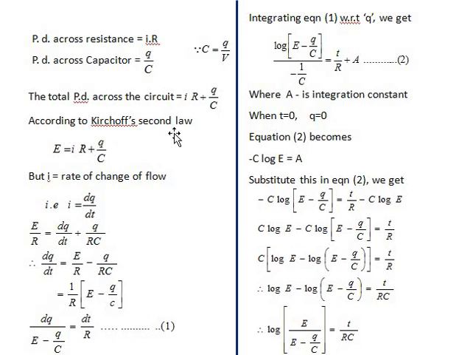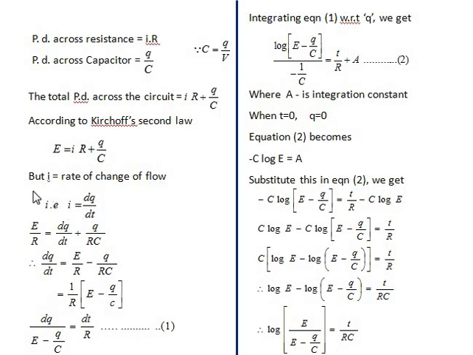According to Kirchhoff's second law, the EMF applied to the circuit is equal to the sum of the EMFs across the different components. So E, the applied EMF, is equal to the EMF across the resistance plus the EMF across the capacitor. But I is equal to the rate of flow of charge.